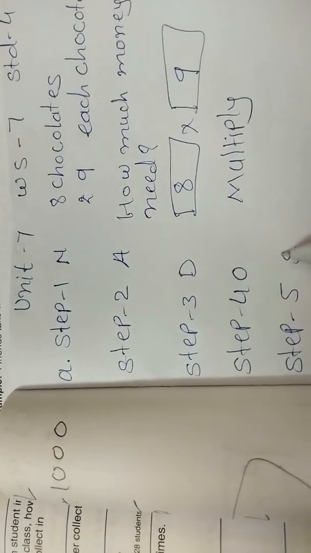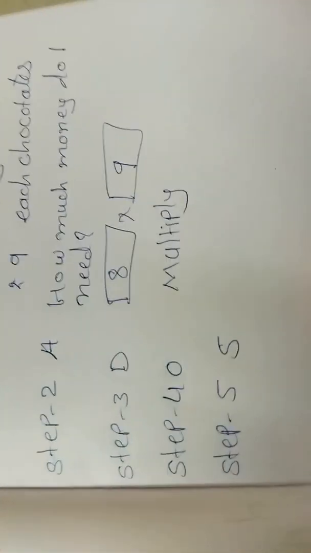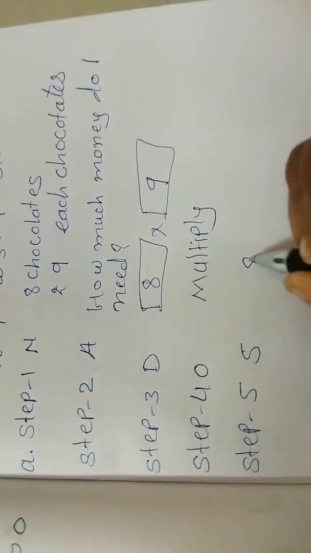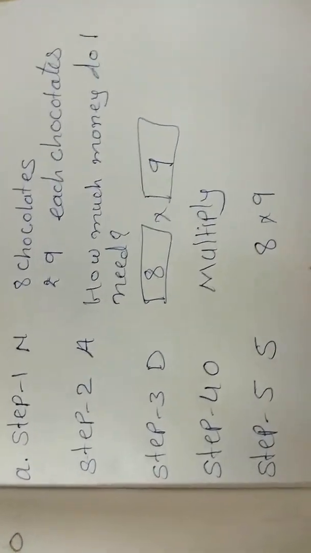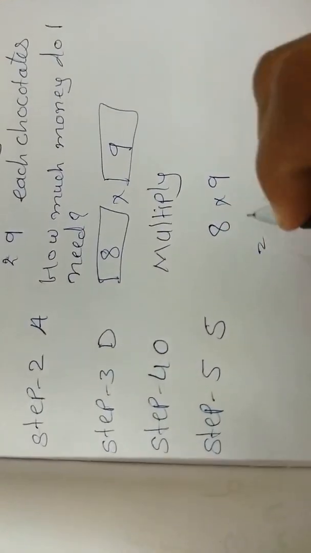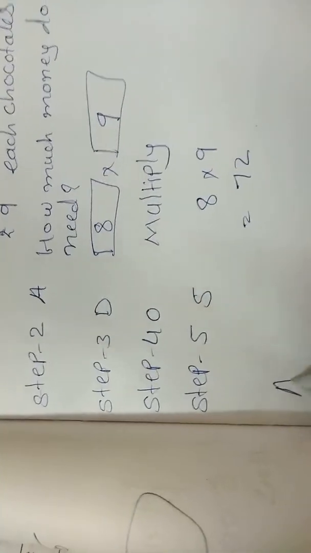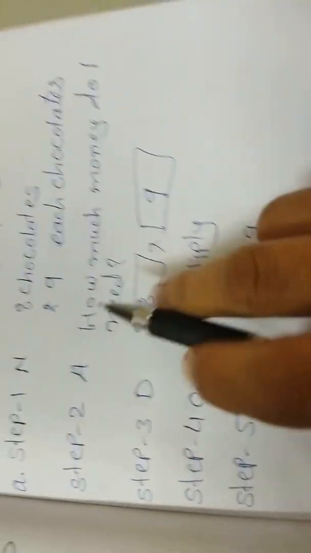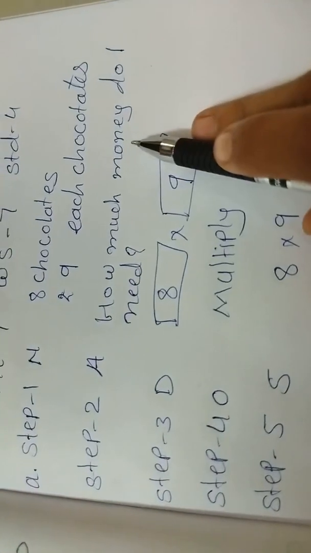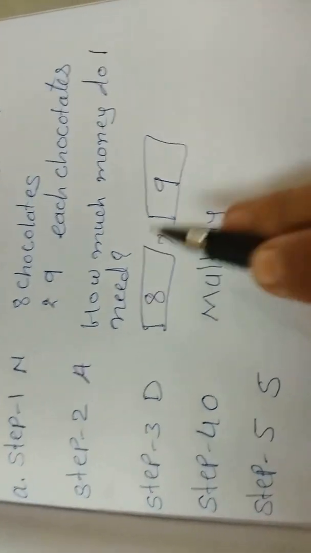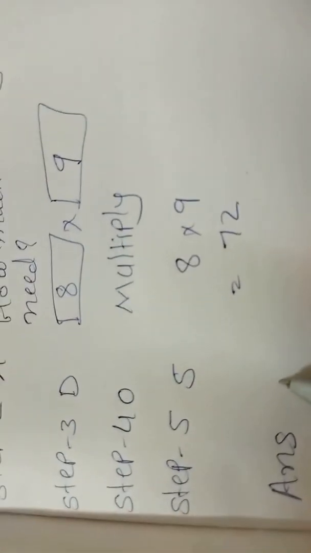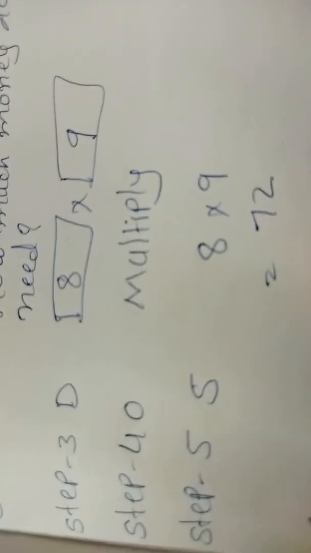Step number 5 is solution. So here we have to write 8 into 9. Answer is 8 9s are 72. So here we have to write the answer. How much money do I need?